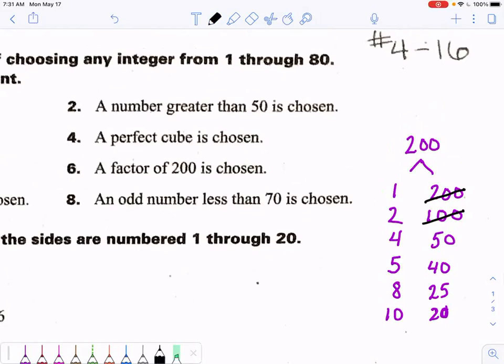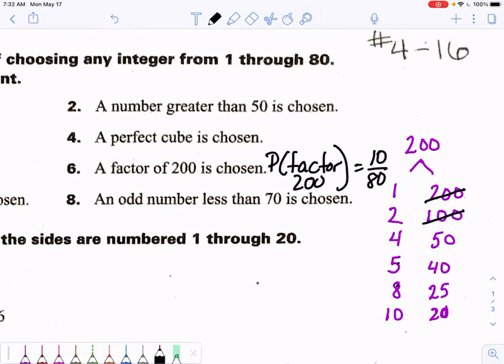So if I count the remaining factors, 1 is still a factor, 2 is still a factor. Looks like I have 10. So the probability of getting a factor of 200 would be 10 out of 80.